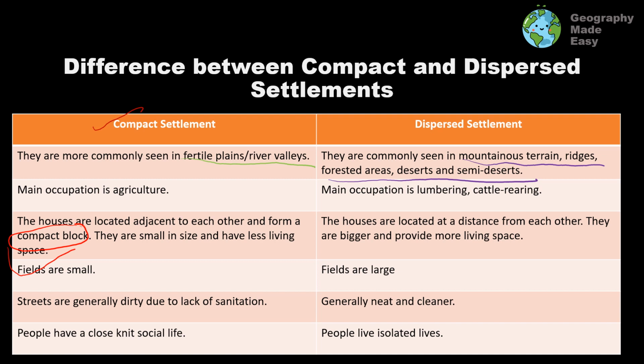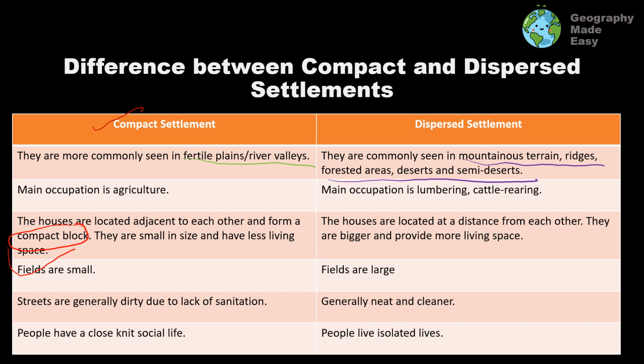Here, we are not talking really of cities, but of compact villages, which may be dirty because the growth has been organic and the compaction is high, so it's not very clean. And a dispersed settlement is generally clean and neat.